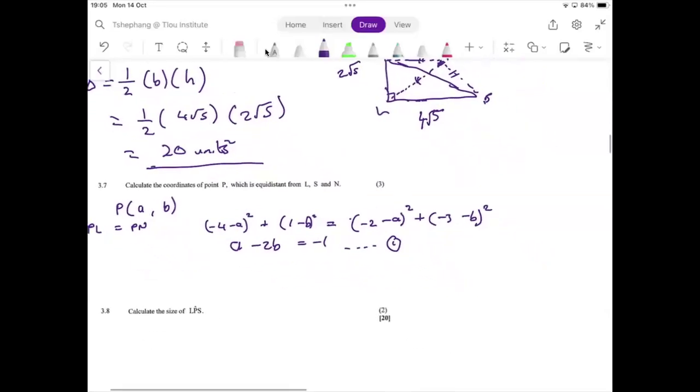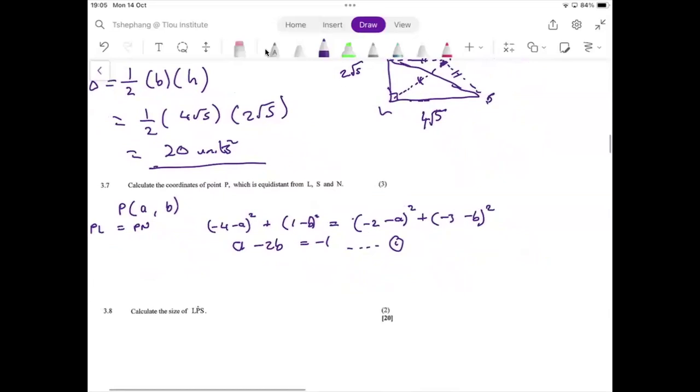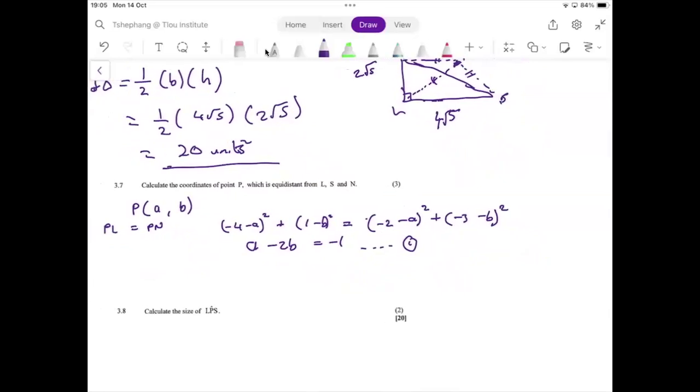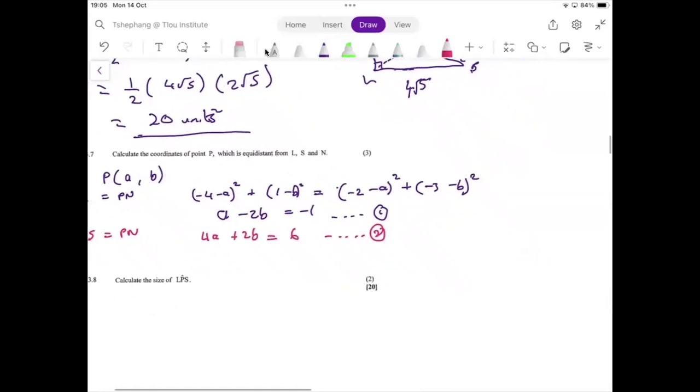Then what I want to do next is look at the other case where I will say that PS is equal to PN because they are equidistant. Right? If that's the case, then you will see that you have another equation: 4A plus 2B is equal to 6. Now let's call this equation 2. Now we can solve for these simultaneously.